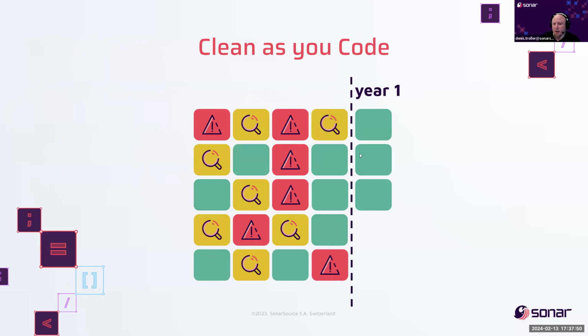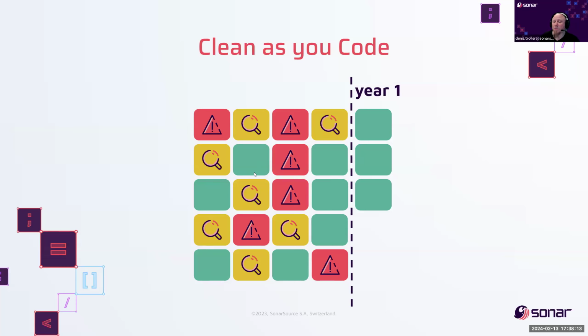On the right, you have your new pieces of code, and you made sure they were clean. They're brand new, they're perfect. And on the left, this is where you had to touch the code to correct issues or to introduce a new method, for example, because you had a new functionality to support. So you can already see that the code base is better than it was 1 year ago.